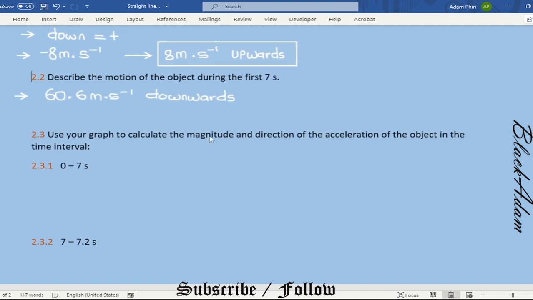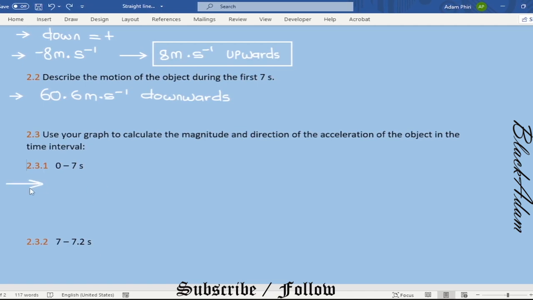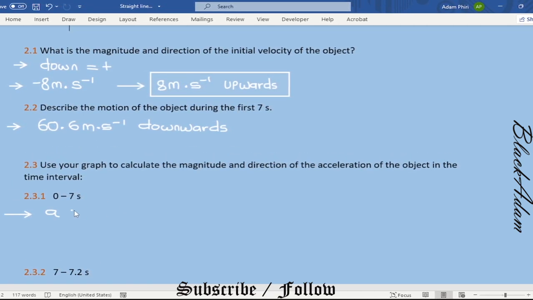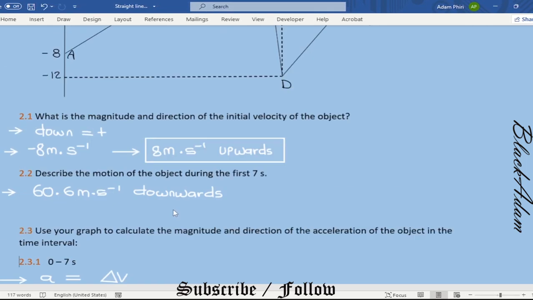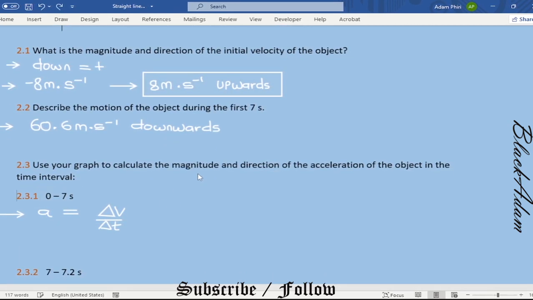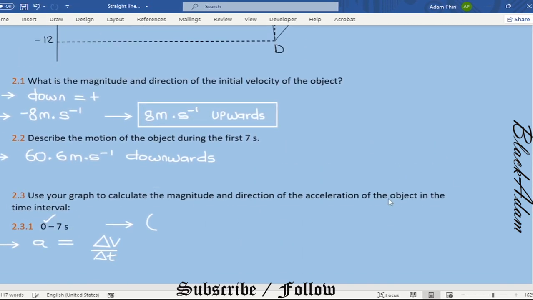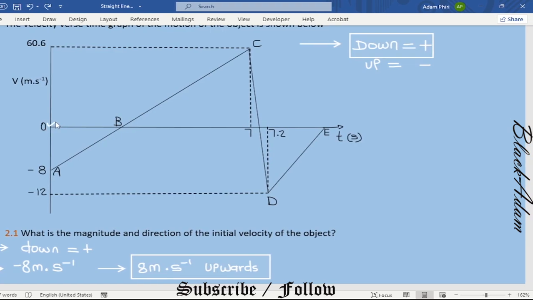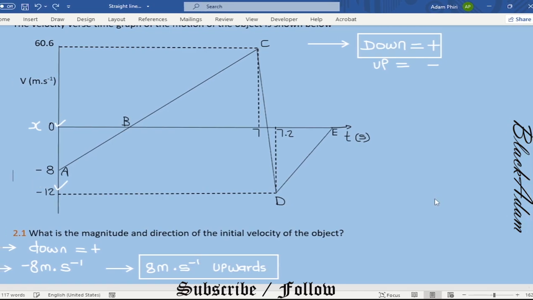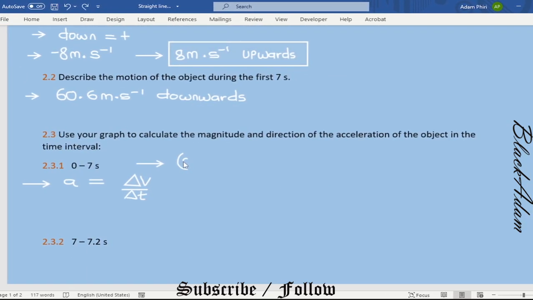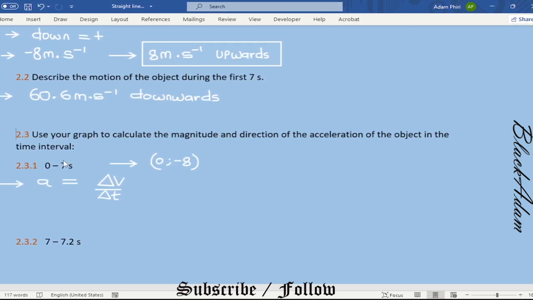2.3 requires us to calculate the magnitude and direction of the acceleration in the interval 0 to 7 seconds. So our acceleration is change in velocity over change in time. Looking from 0 to 7 seconds, let's write the coordinates first. At time 0, x is 0 and y, our initial velocity, is negative 8 meters per second.